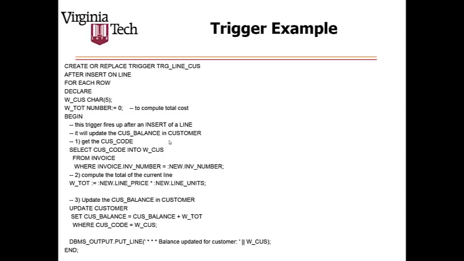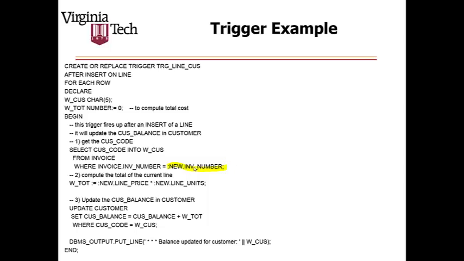It will update the customer balance in customer. First thing we have to do is get the customer code. So we select the customer code into WCUST from the invoice, where the invoice number equals the new invoice number from the new row of the line table.